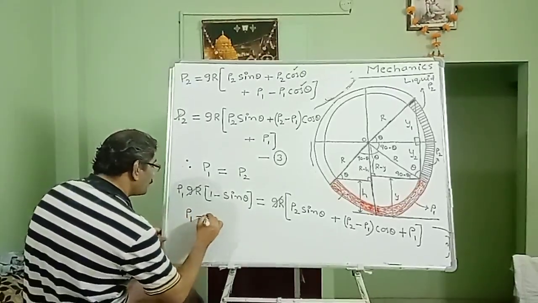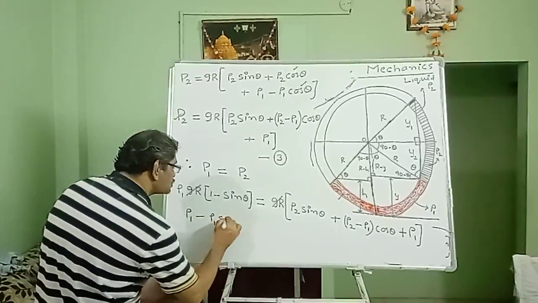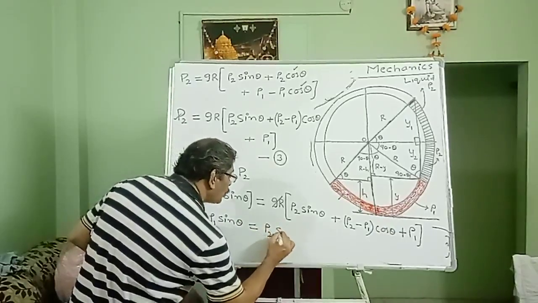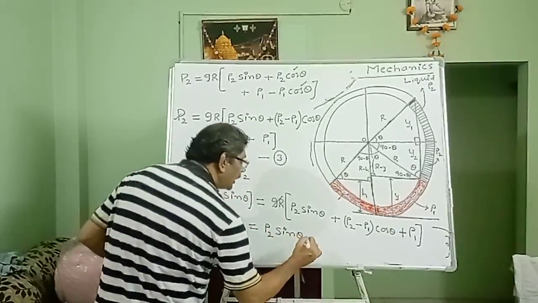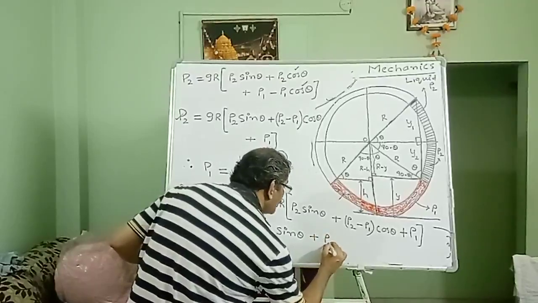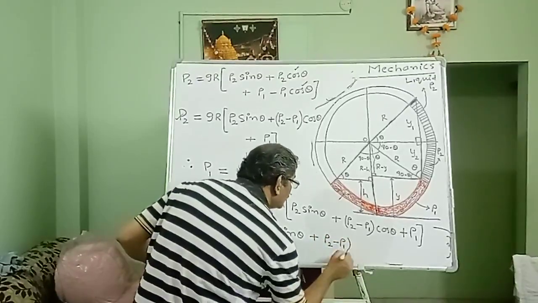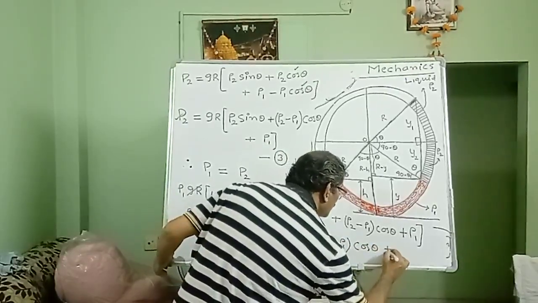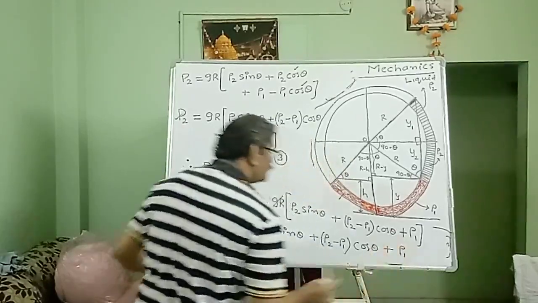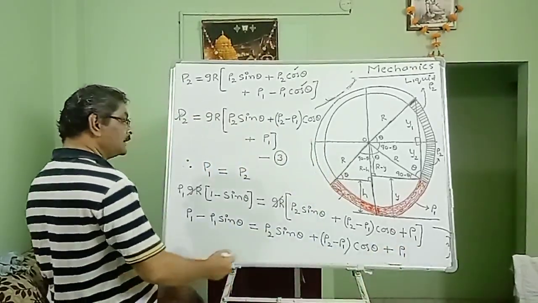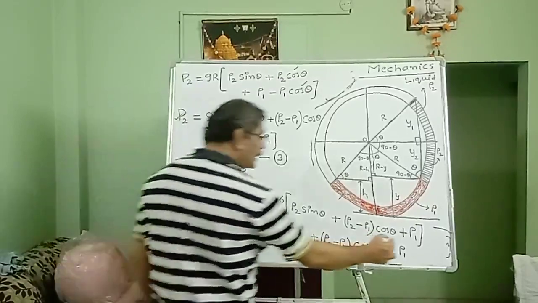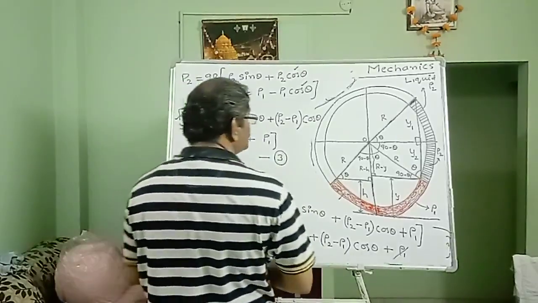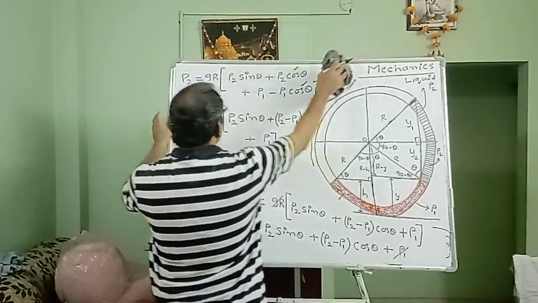Rho 1 minus rho 1 sin theta will be numerically equal to rho 2 sin theta plus the next term, rho 2 minus rho 1 multiplied by cos theta, plus the third term, rho 1. So if you look at the equation, rho 1 and rho 1 will get cancelled on either side. Now what will be left over?